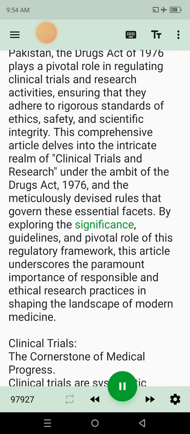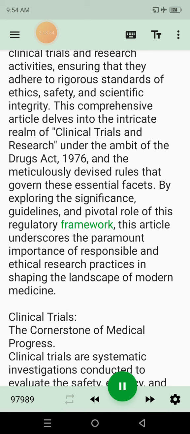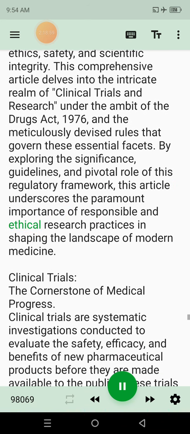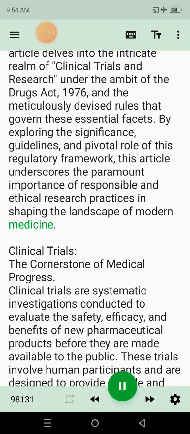By exploring the significance, guidelines, and pivotal role of this regulatory framework, this article underscores the paramount importance of responsible and ethical research practices in shaping the landscape of modern medicine.